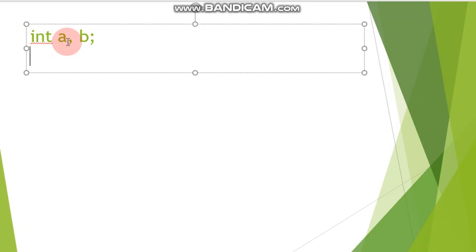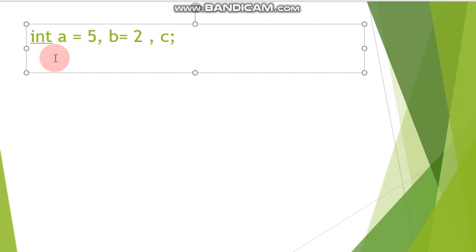Okay, I'm going to take numbers here. A is equal to 5. B is equal to 2. And there is a third variable, C, which is used for the result.